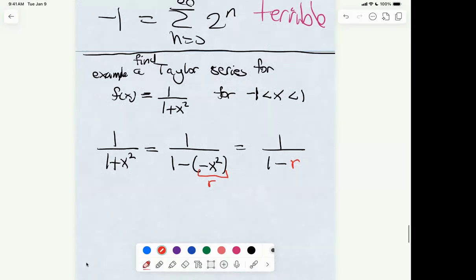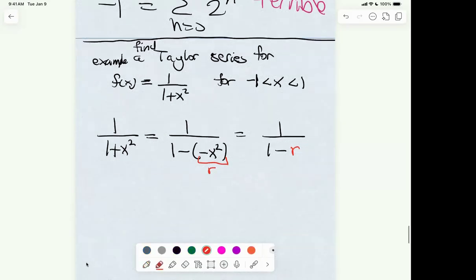And so this would be a sum of r to the n. But what is r? r is minus x squared.